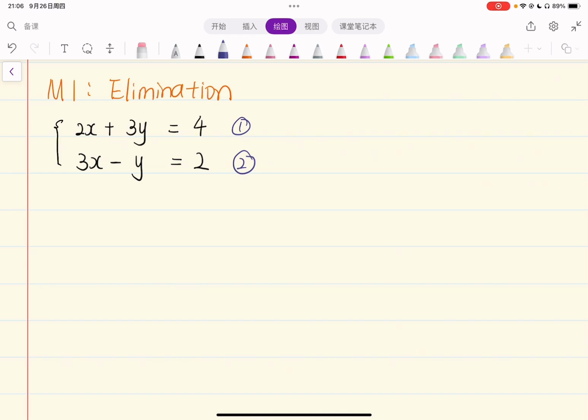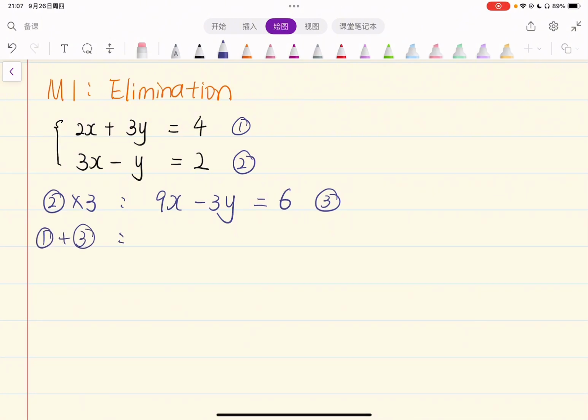The first thing we need to do is multiply equation 2 by 3. We have 9x minus 3y equals 6. Let me write that as equation 3. And then to let the y disappear, we can do equation 1 plus equation 3.